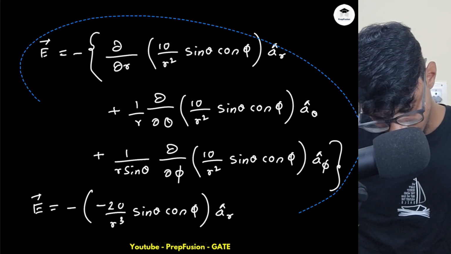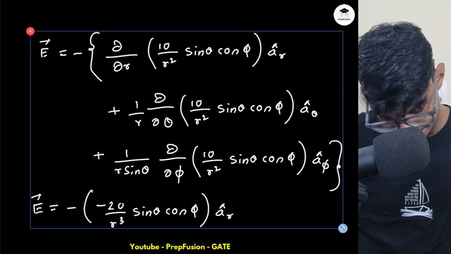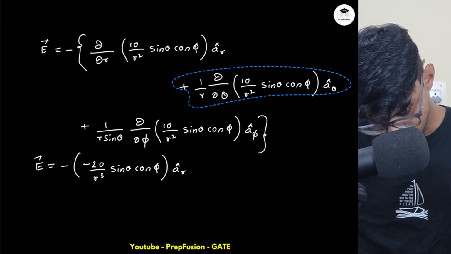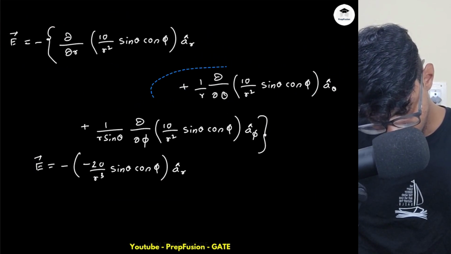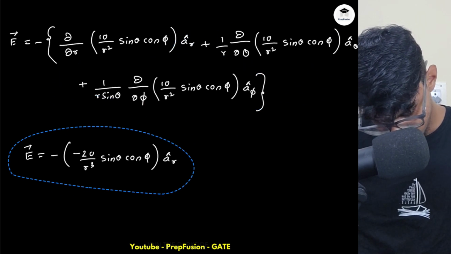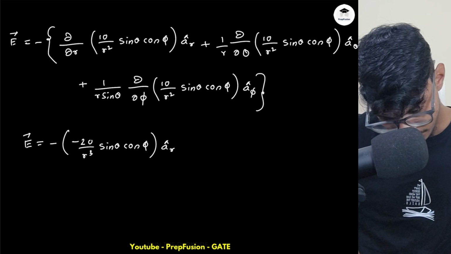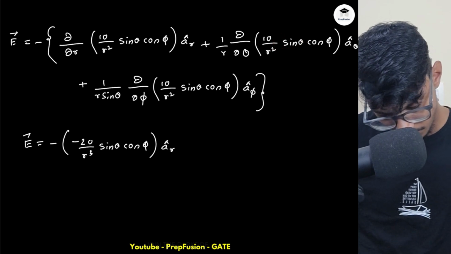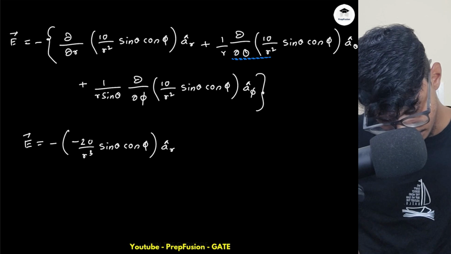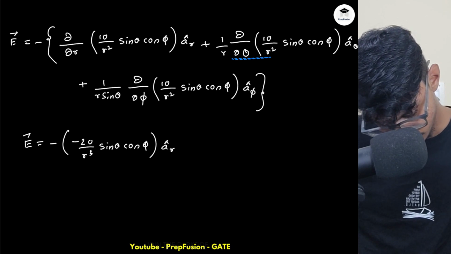I can reduce the size of this whole thing to accommodate more space. And if I differentiate this with respect to theta, this will just become cos theta. Everything will be same, and r is getting divided, so this will again be r cube.